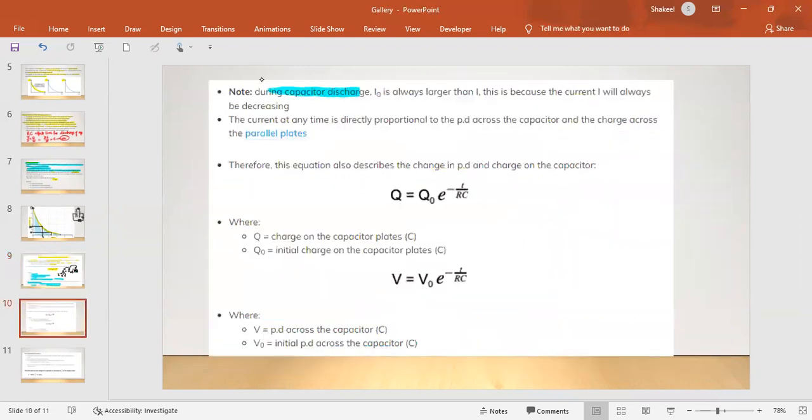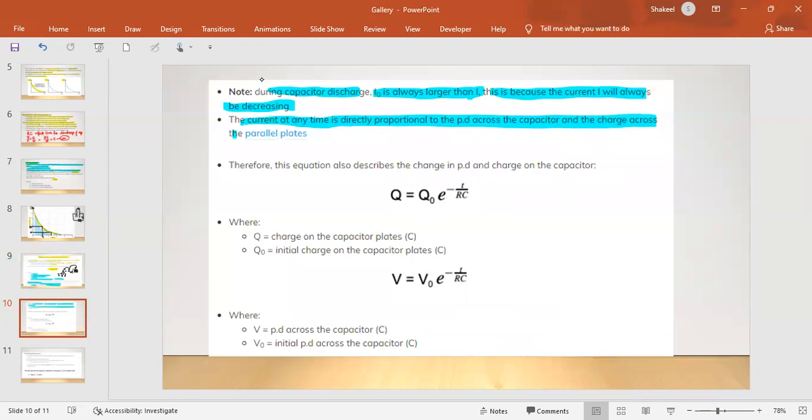During capacitor discharge, I naught is always larger than I, of course, because I naught is the initial current and I is the current after a certain time, and the current will always be decreasing. The current at any time is directly proportional to the potential difference across the capacitor and the charge on the parallel plates. The rate of current flow depends upon the remaining charge on the capacitor. That's why the same exponential equation applies for charge and for potential difference.